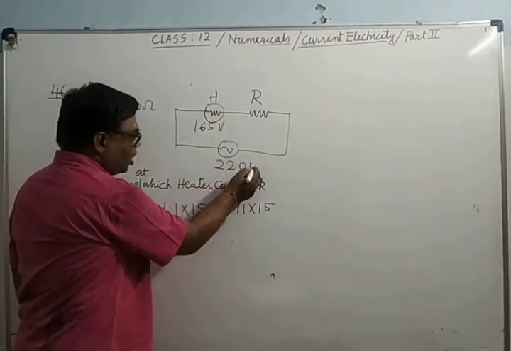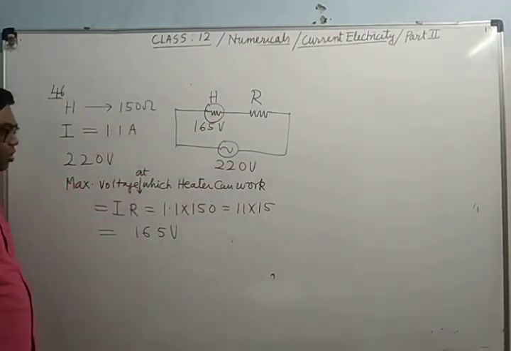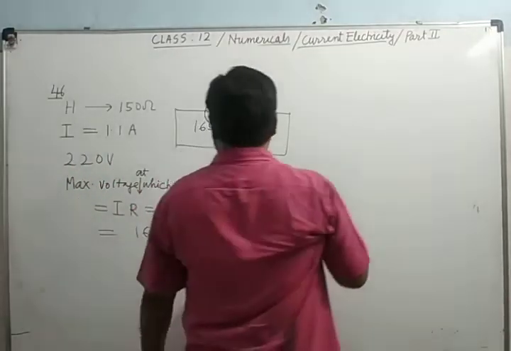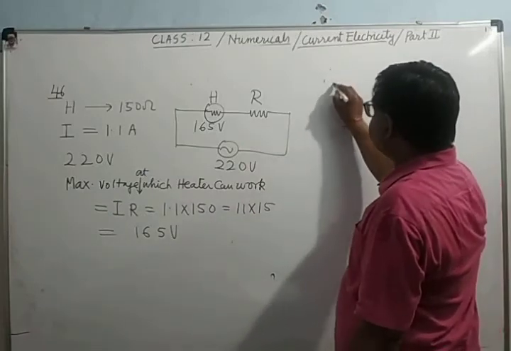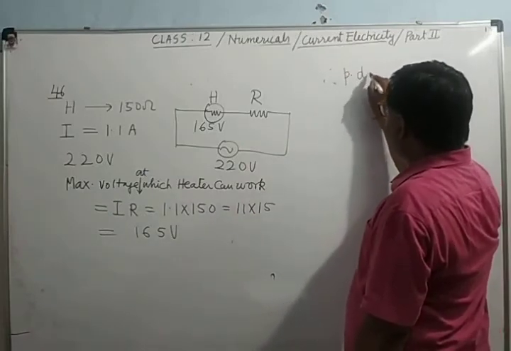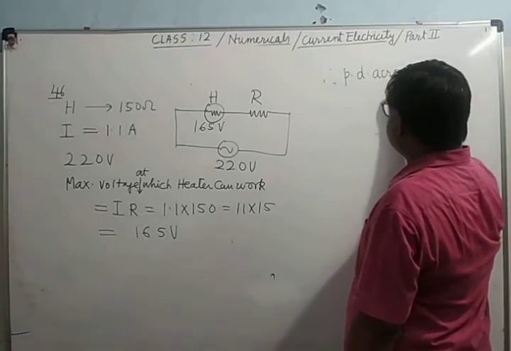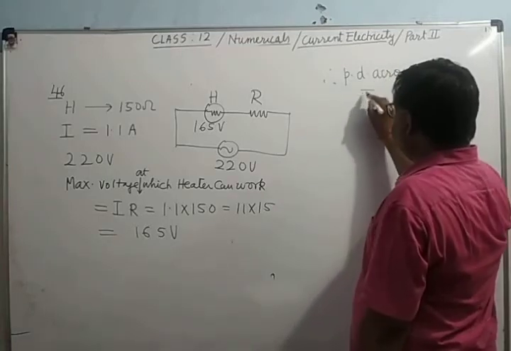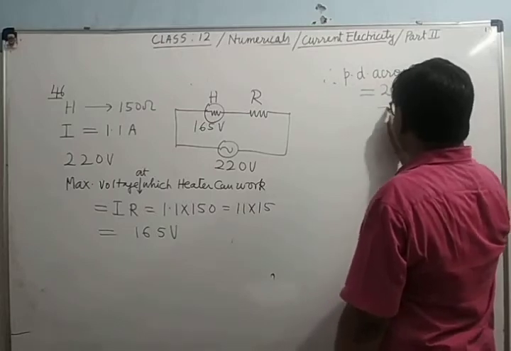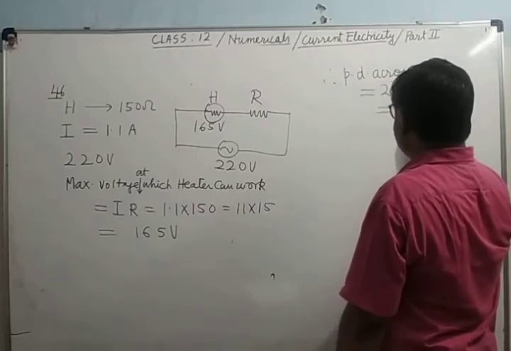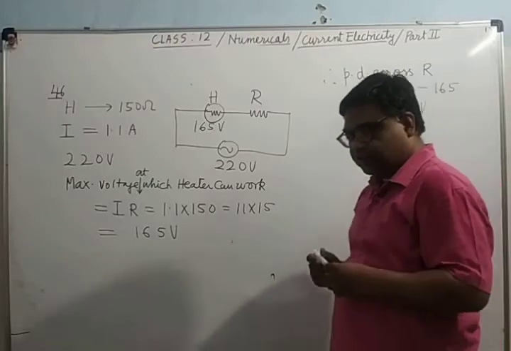Across R. It's clear? So here we will write, let the resistor connected in series be capital R. Therefore, potential drop across capital R will be 220 minus 165, so it will be 55 volt. It's clear? This is the potential drop.